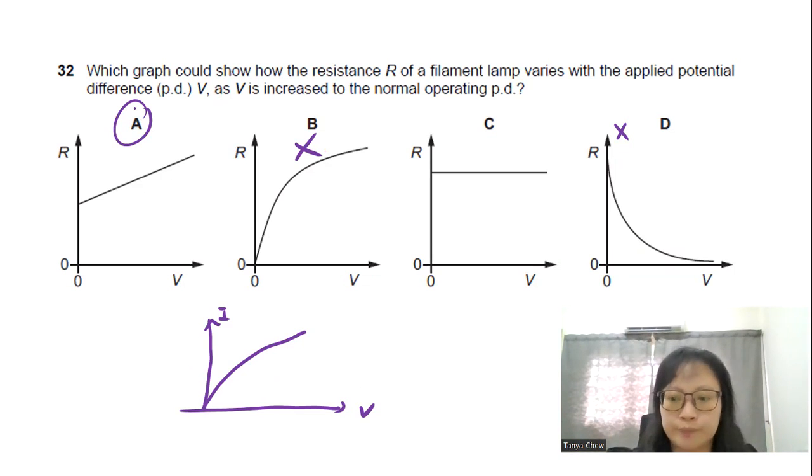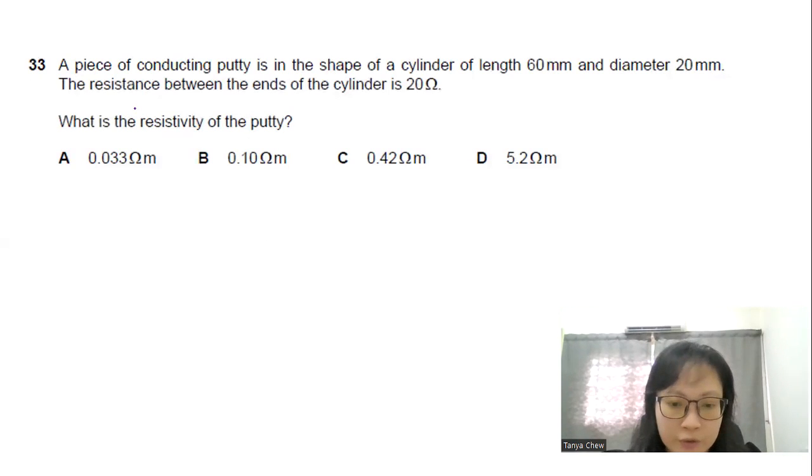Number 33, a piece of conducting putty is in the shape of a cylinder of length 60 mm and diameter 20 mm. The resistance between the two ends of the cylinder is 20 ohm. What is the resistivity of the putty?